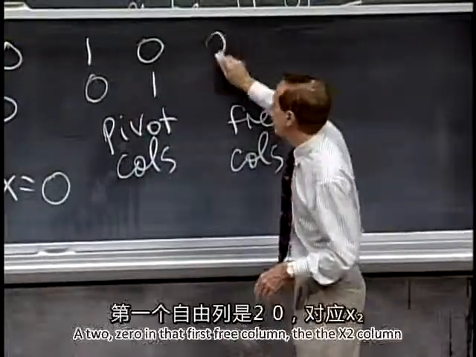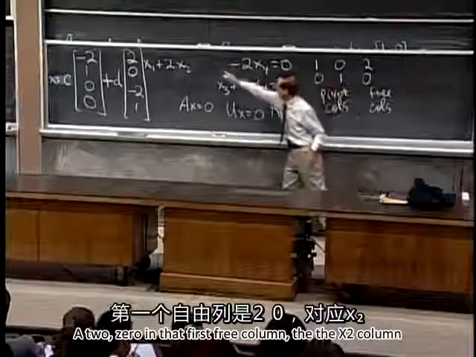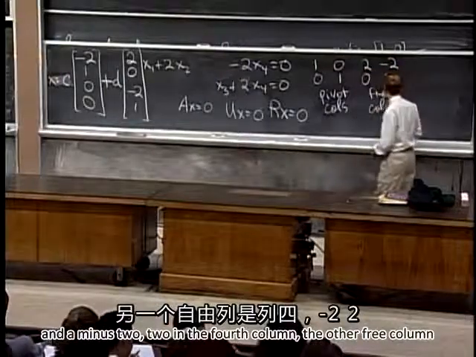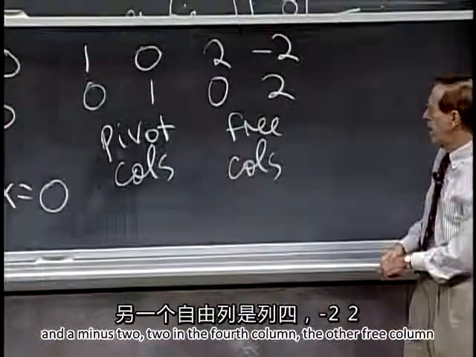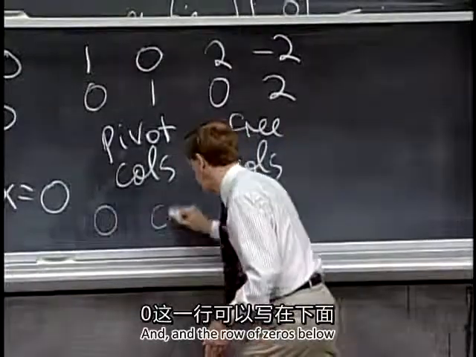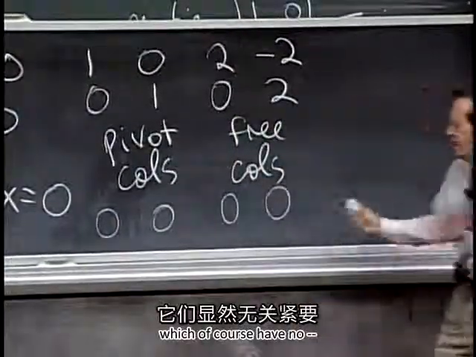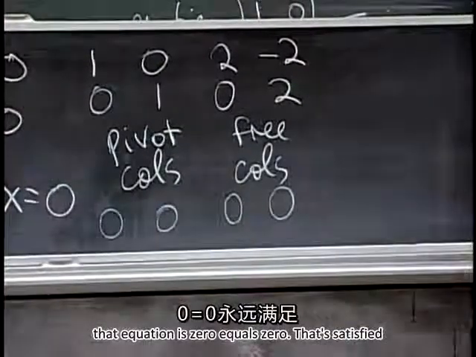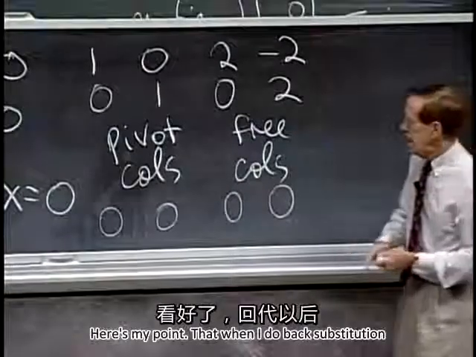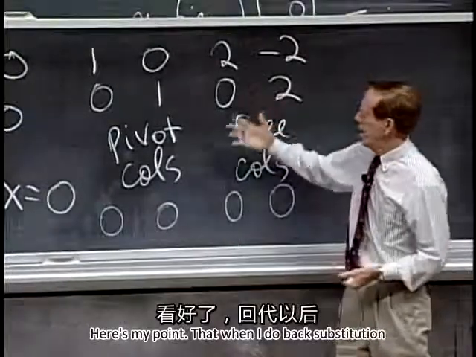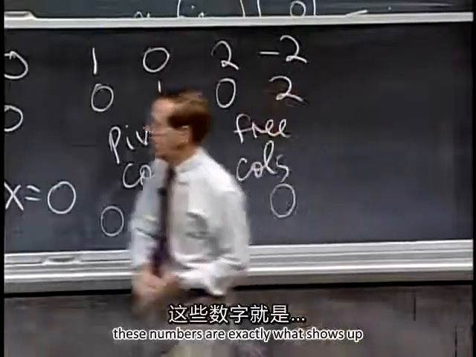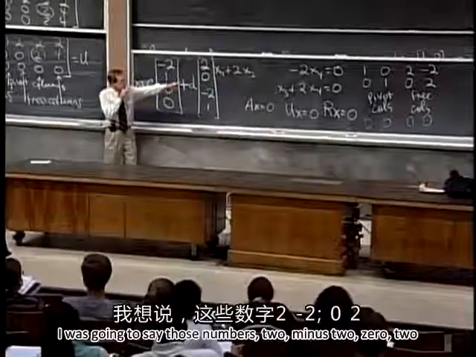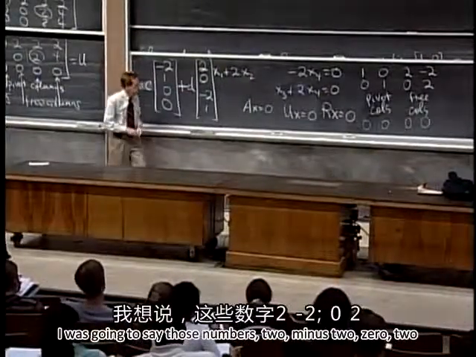A 2, 0 in that first free column, the x2 column, and a minus 2, 2 in the fourth column, the other free column, and the row of zeros below, which of course, if that equation is 0 equals 0, that's satisfied. Here's my point, that when I do back substitution, these numbers are exactly what shows up. Oh, their signs get switched. I was going to say those numbers, 2, minus 2, 0, 2.